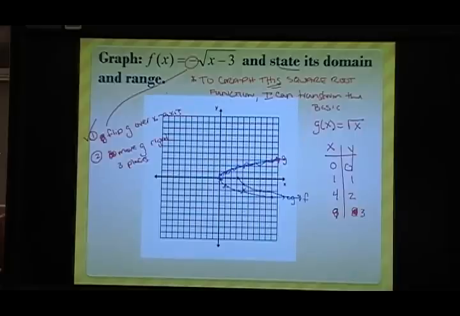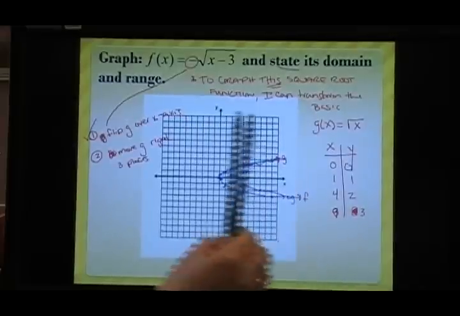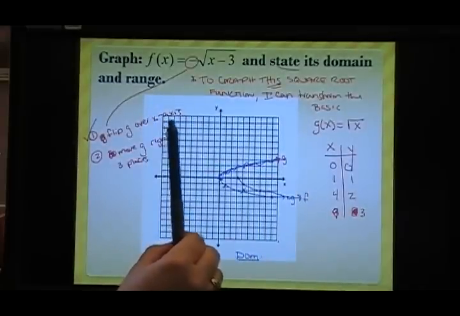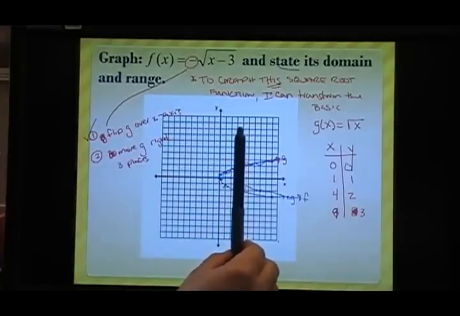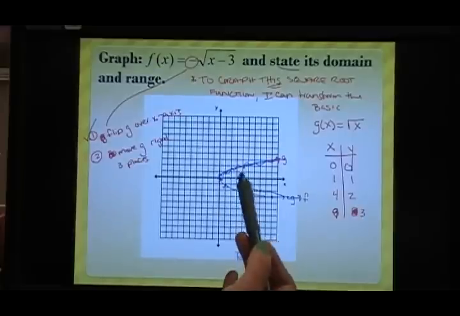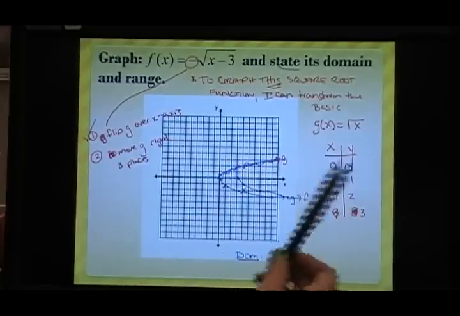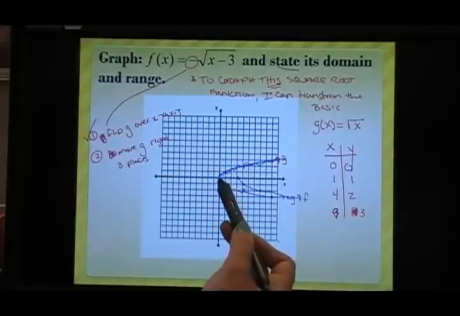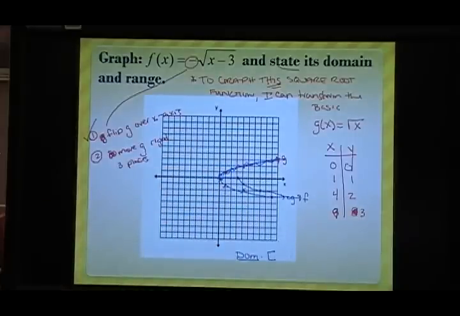Also, we need to state its domain and range. So my domain, I always scan left to right. I'm looking for values of x that are in my ordered pairs. So the smallest x value is the x coordinate of this point, and then the largest would be going out towards positive infinity. So right 1, 2, that's 3. So my domain consists of every x value from +3 to infinity.